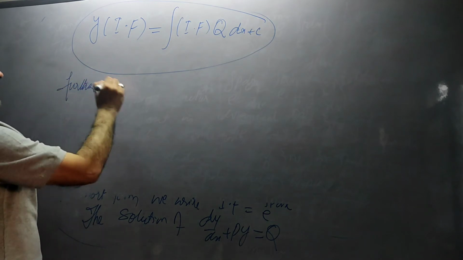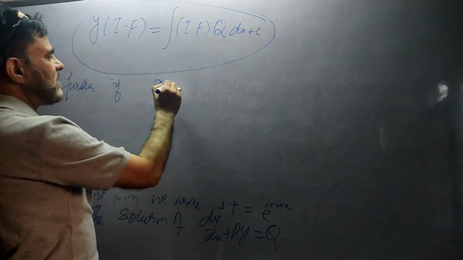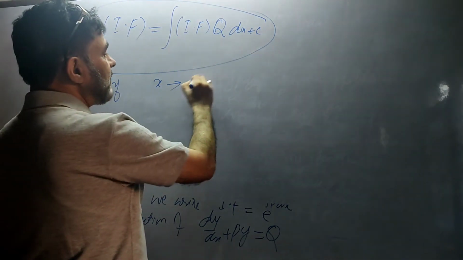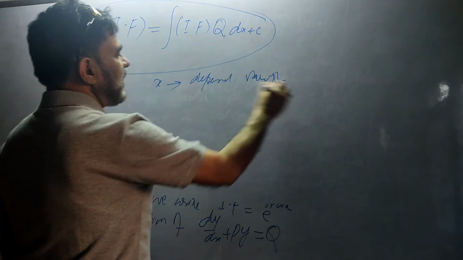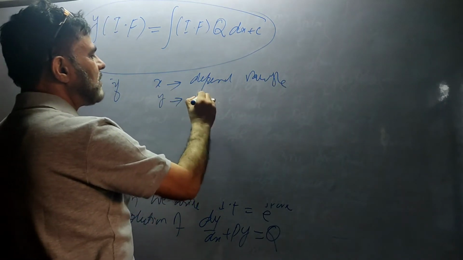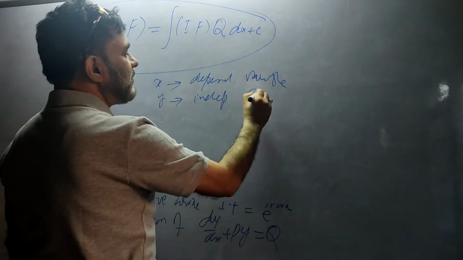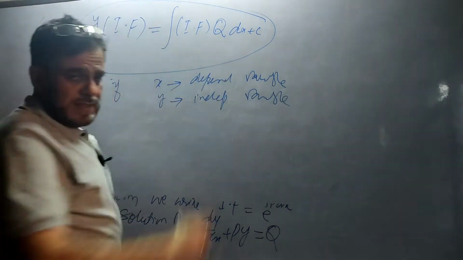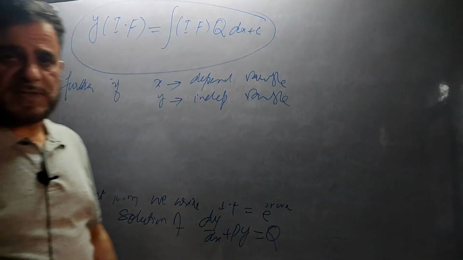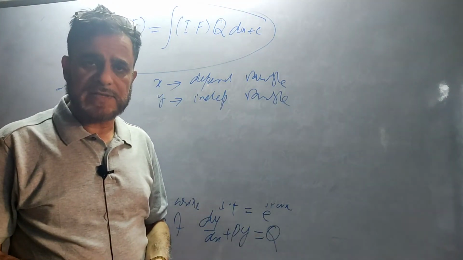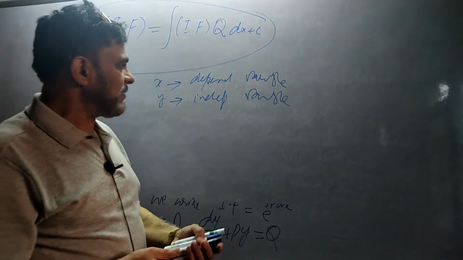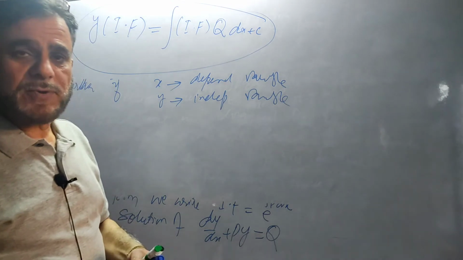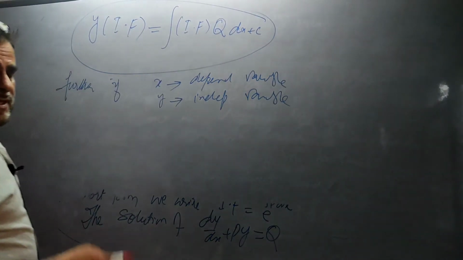Further, if x is our dependent variable and y is the independent variable, whereas in dy by dx plus py is equal to q our y was the dependent variable and x was independent, what is the form of this linear differential equation?